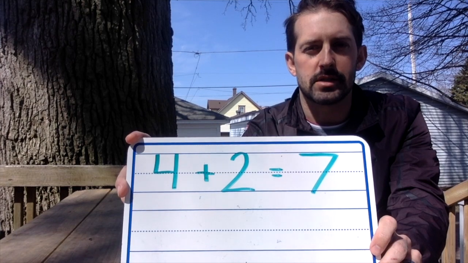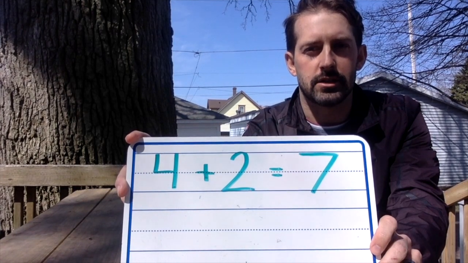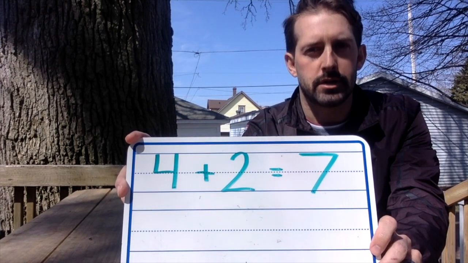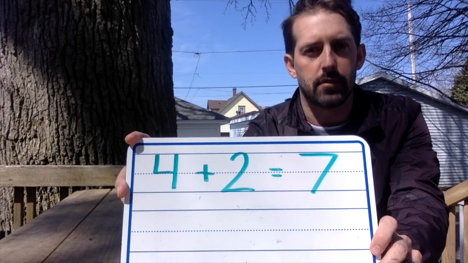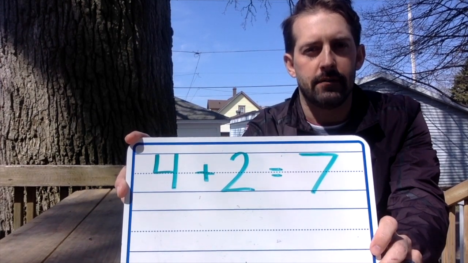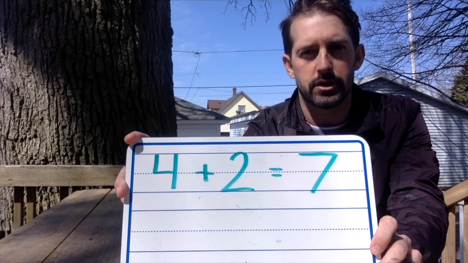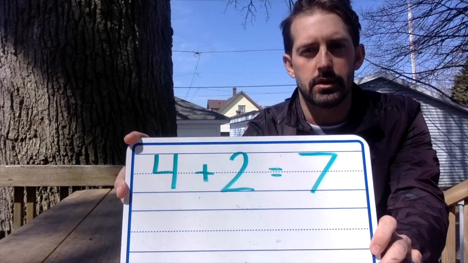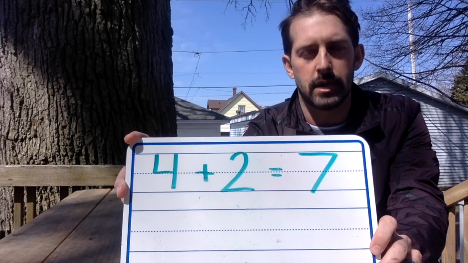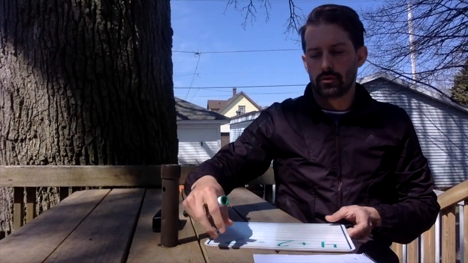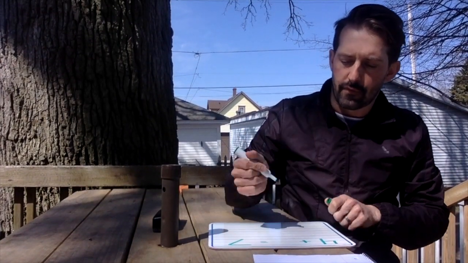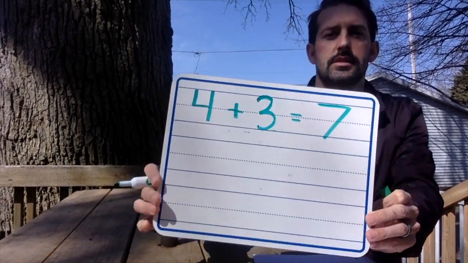I'll show you a sample now of how I can change it using one way by changing the number and another way by changing the symbol. I have the equation 4 plus 2 equals 7. That is false. I'm going to change the number 2 to the number 3 to make this equation true, because I know 4 plus 3 equals 7.